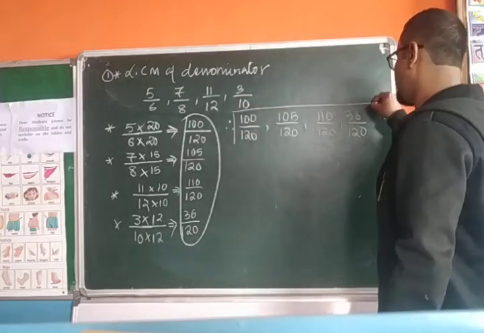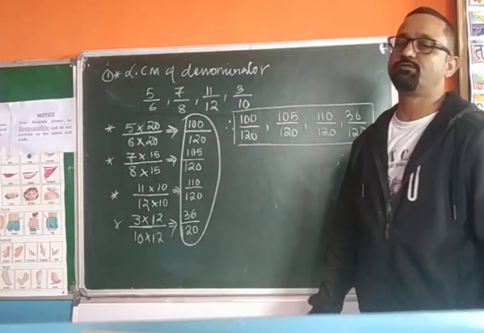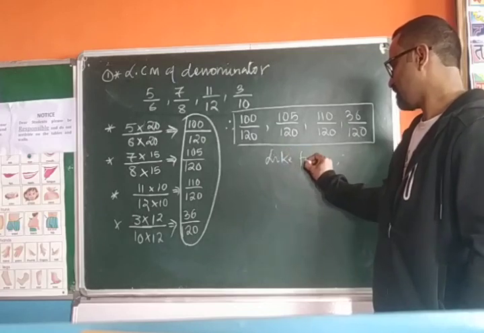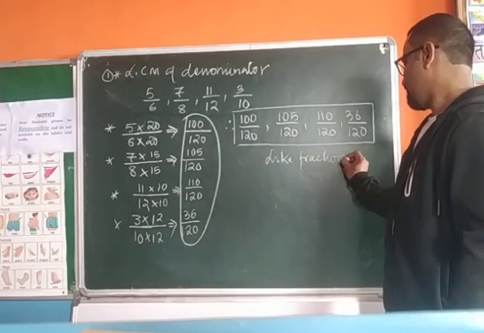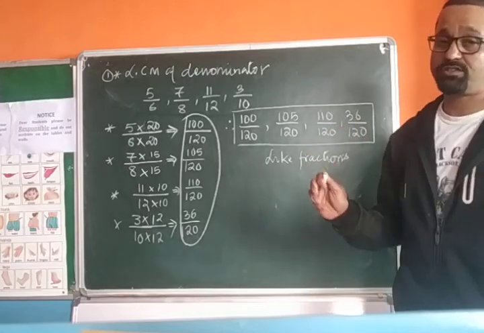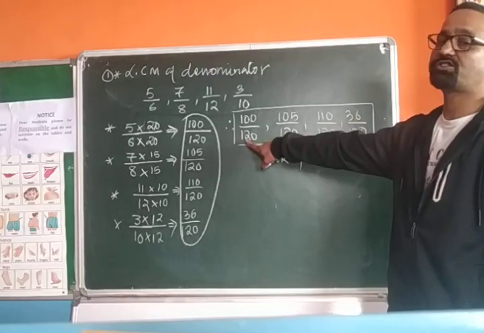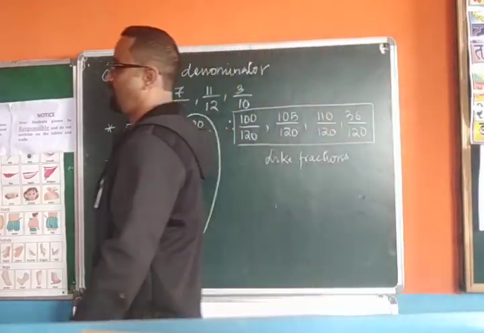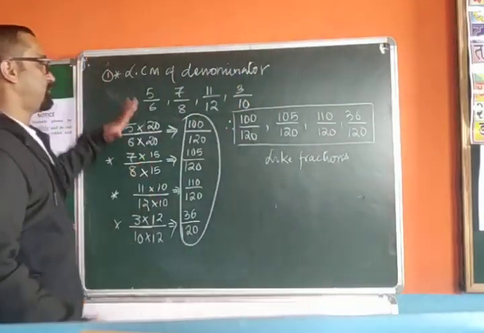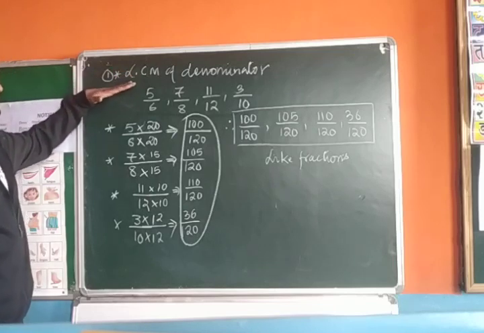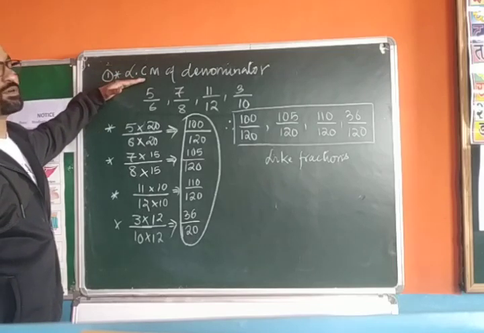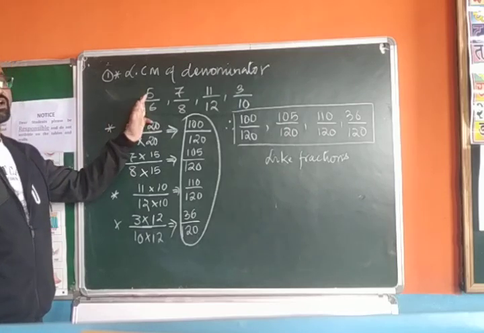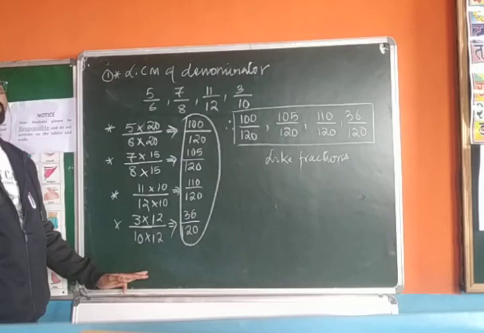These fractions get converted to like fractions. What are like fractions? Like fractions are fractions whose denominators are equal. These are the steps you need to remember for conversion of unlike fractions into like fractions.